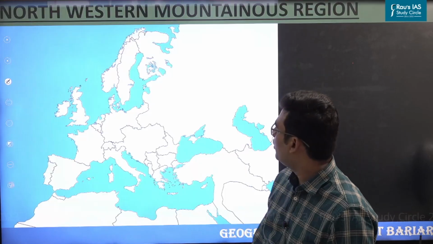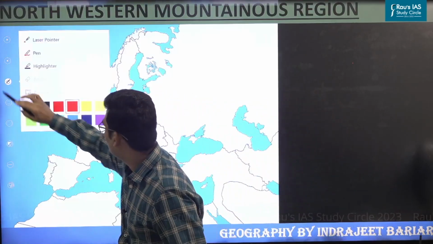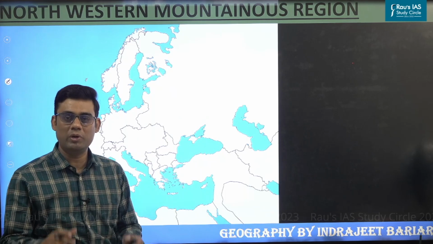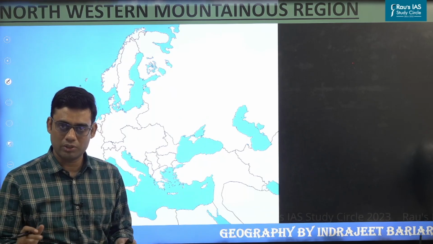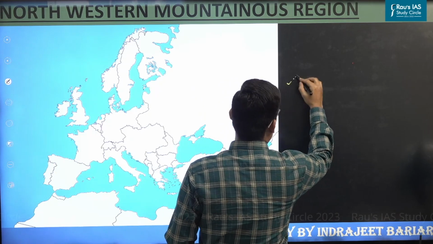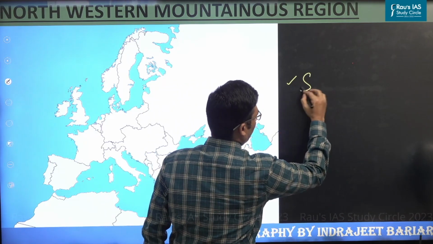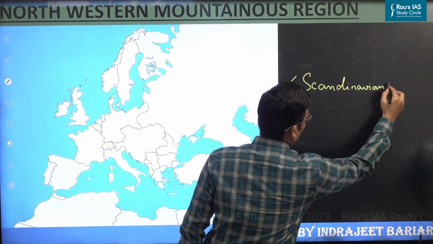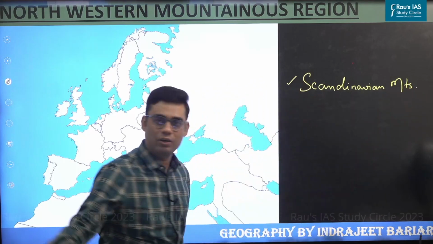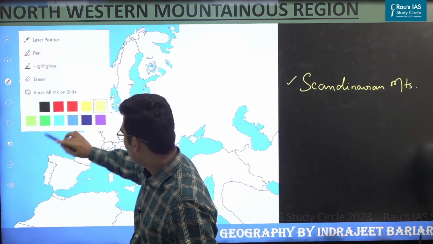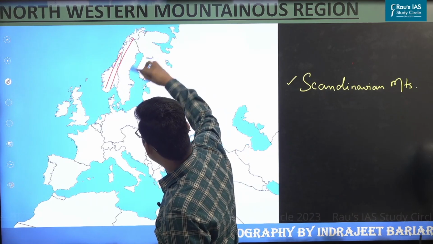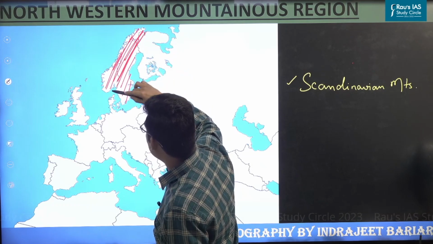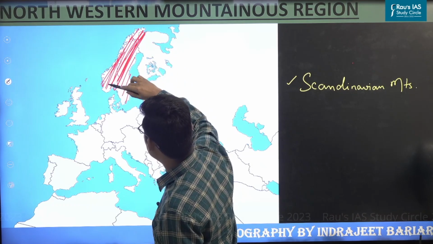So the first one is the northwestern mountainous region. Here I can identify two basic sections. The first is the Scandinavian mountains, also called the Scandinavian highlands. In the map, if I have to mark it, this becomes the Scandinavian mountain system.